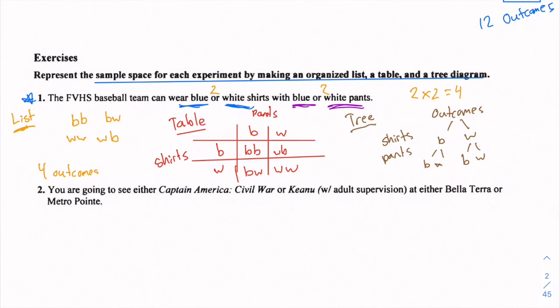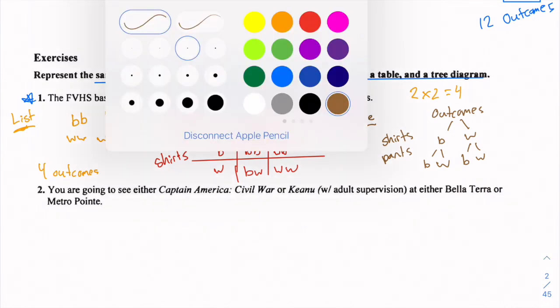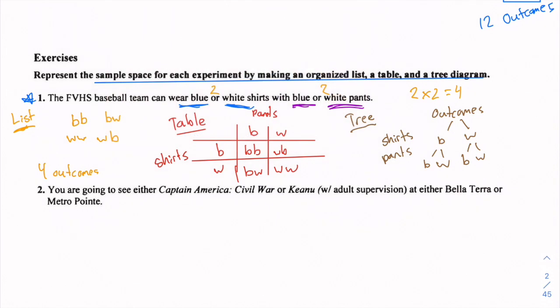Oops, let me fix that. Boom. Okay, the last level is the outcomes. From this, you can go blue, blue, blue, white, white, blue, white, white. Again, 4 sample spaces.